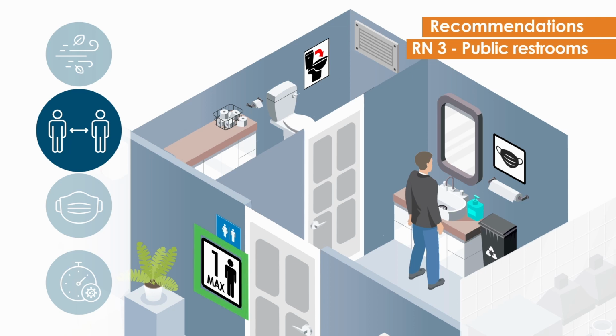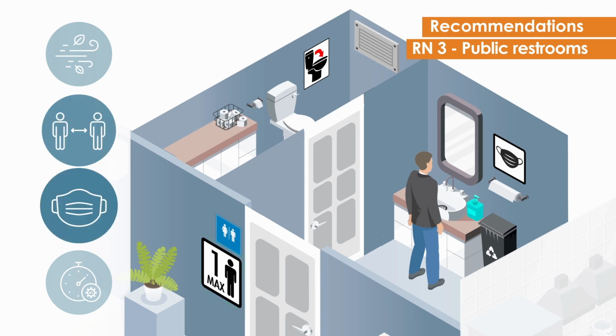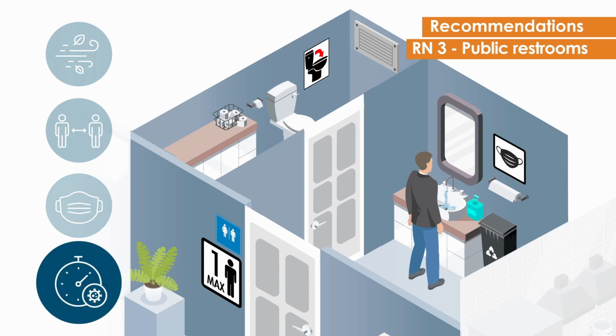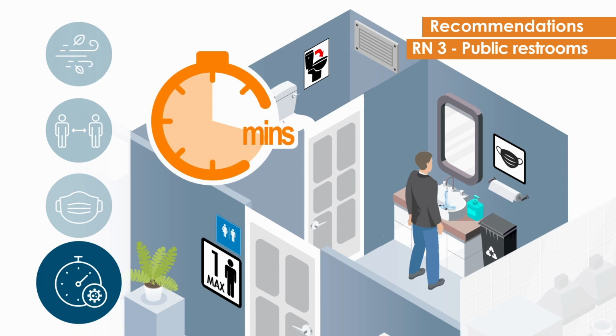Communicate and control the maximum capacity allowed so that the safety distance can be maintained. Encourage users to keep their face mask on while inside the restroom. Lastly, users should remain inside the restroom for the shortest possible time.